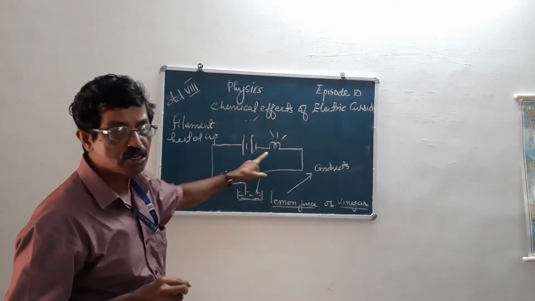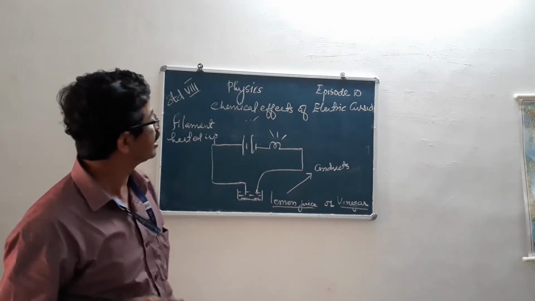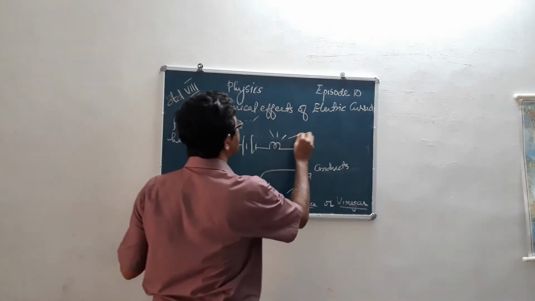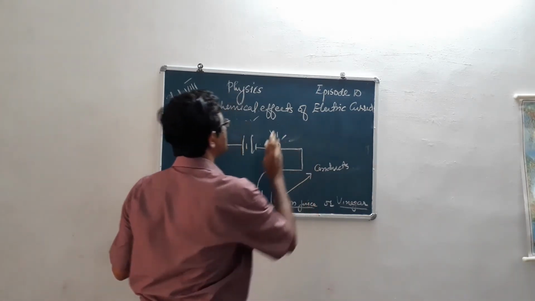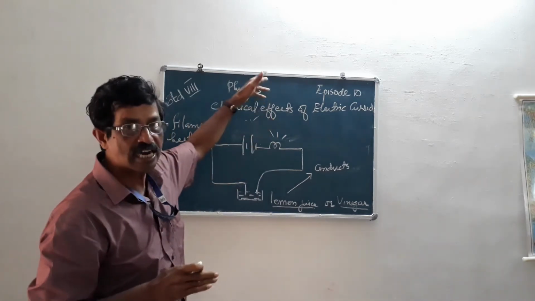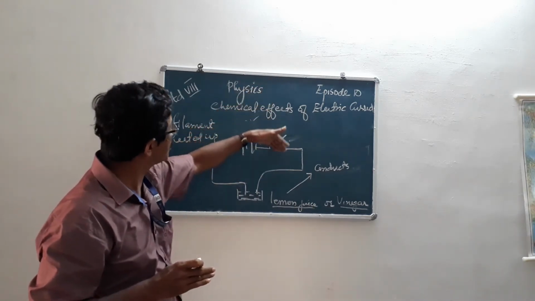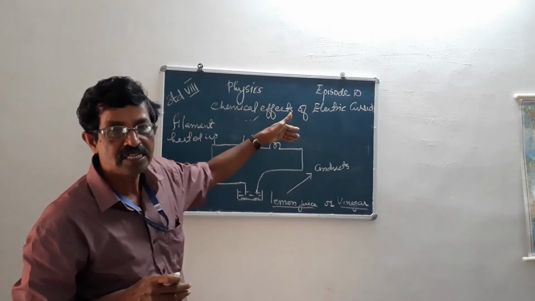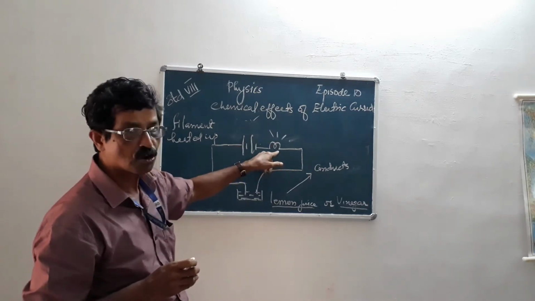If the current is not sufficiently strong, then the filament does not get heated up enough to emit light. Then even though the circuit is completed, the bulb does not glow.